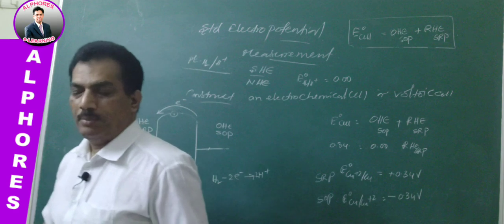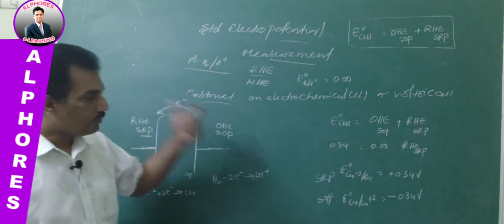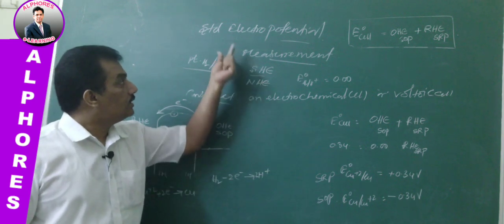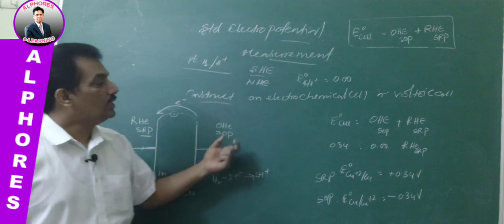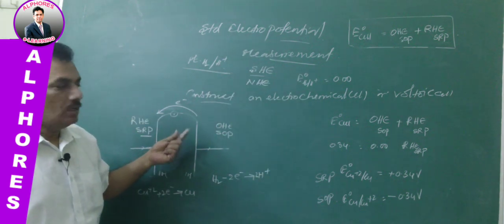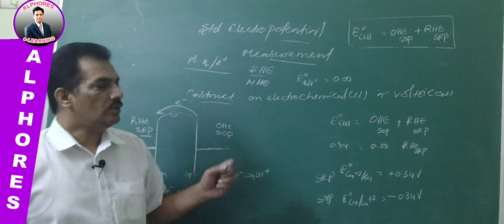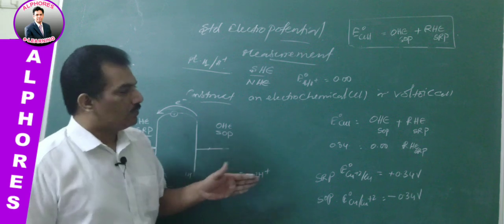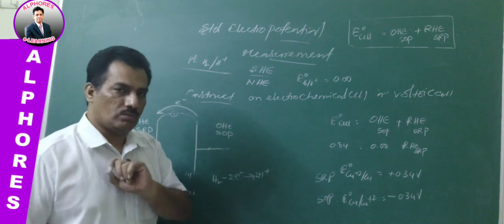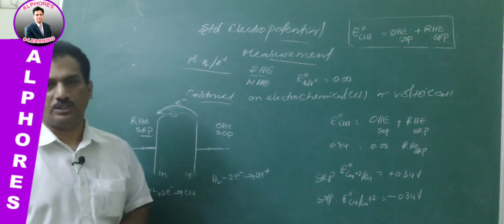Like that, by constructing a voltaic cell with a reference electrode, we can measure the standard electrode potential of the electrode. Clear? Here the reference electrode is a known potential electrode. Generally hydrogen is taken as the primary reference electrode, and the hydrogen electrode potential is taken as 0. And this is how we are measuring the standard electrode potentials.